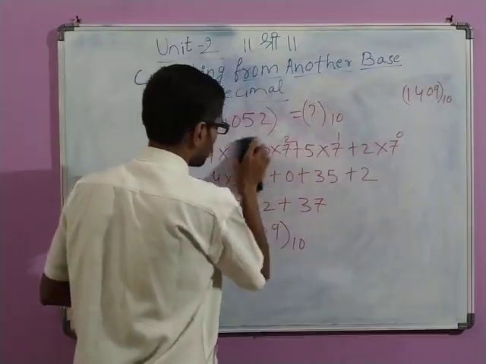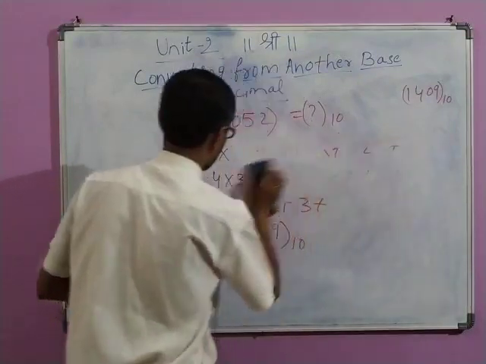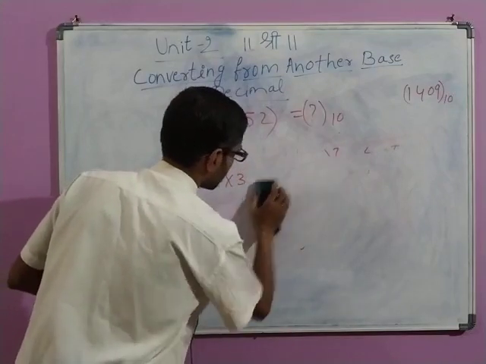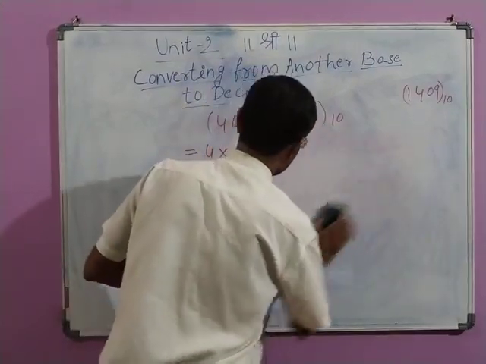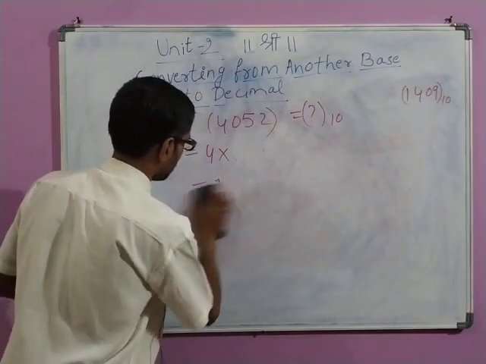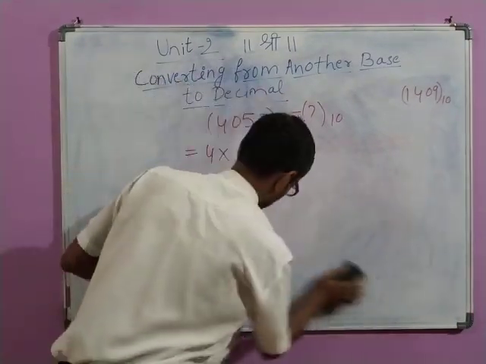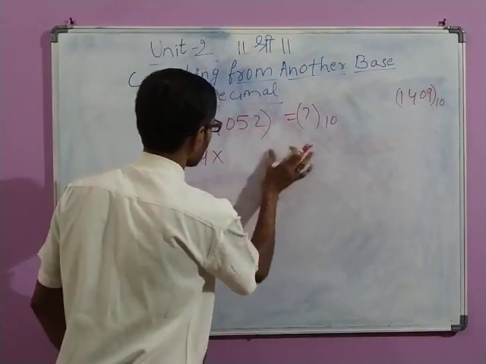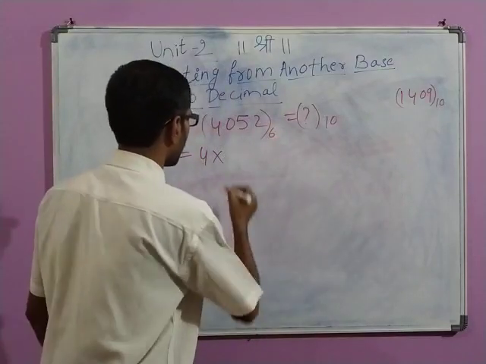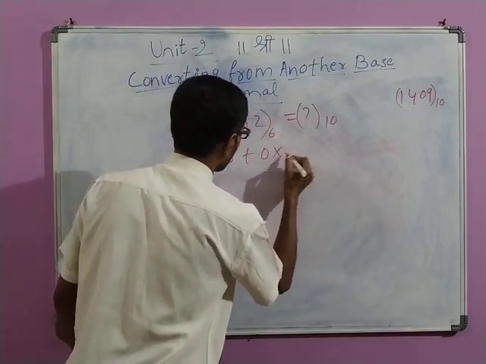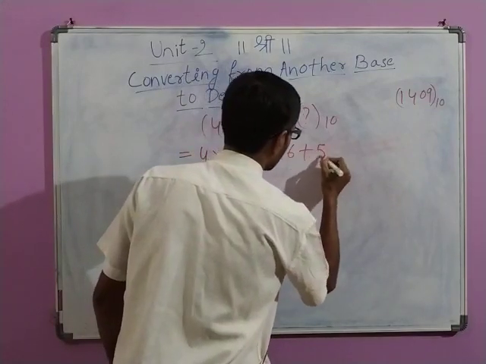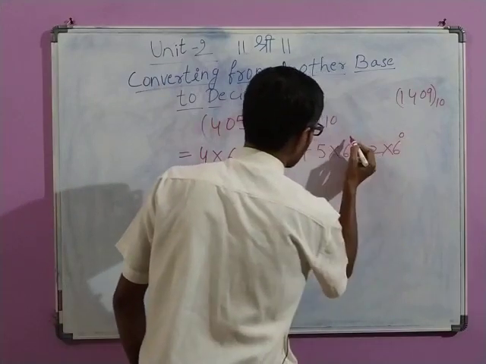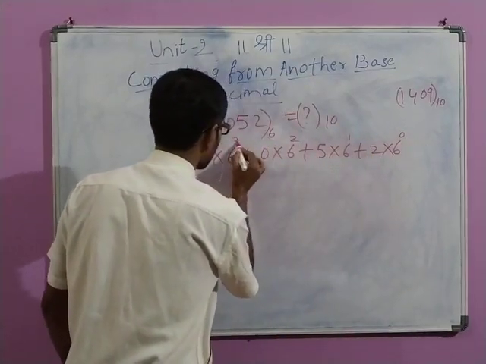So 4 into 6 plus 0 into 6 plus 5 into 6 plus 2 into 6, and it will start with 6 raised to 0, 6 raised to 1, 6 raised to 2 and 6 raised to 3.